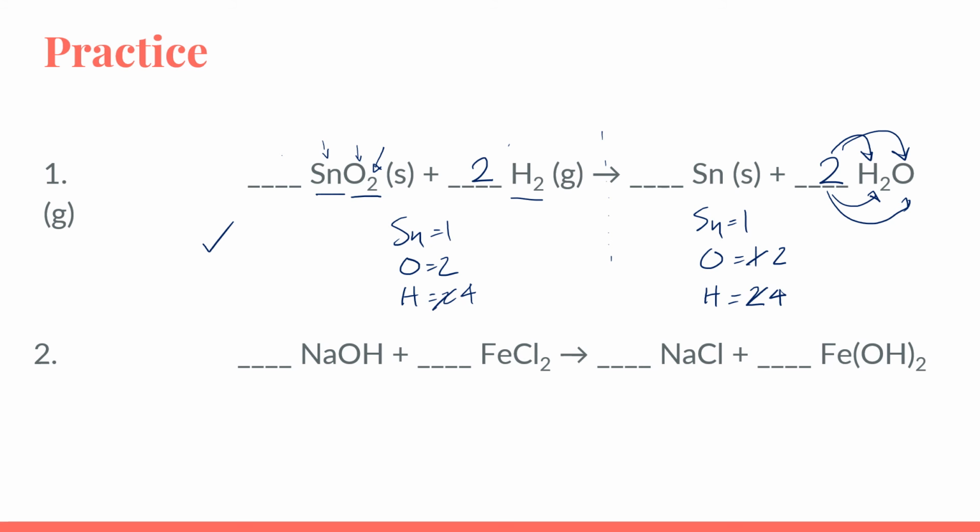Let's do another one. Now in here, if you want to put little ones here, that's cool. If you don't, that's fine too. We know it's a 1. All right, last one. This one's a little bit goofier. If you remember your polyatomic ions, we can save ourselves some time and think of this as just a hydroxide instead of an O and an H separately. So let's do our counts.